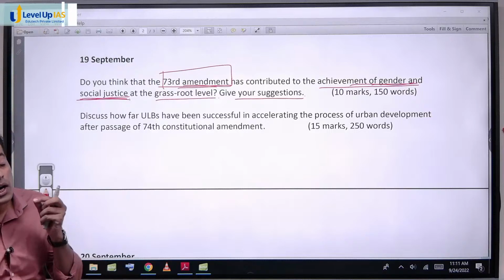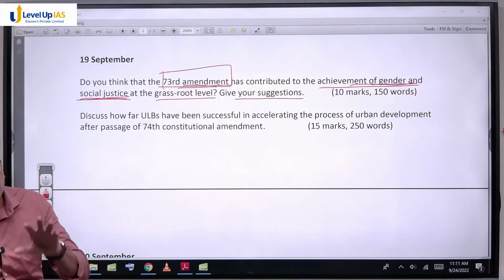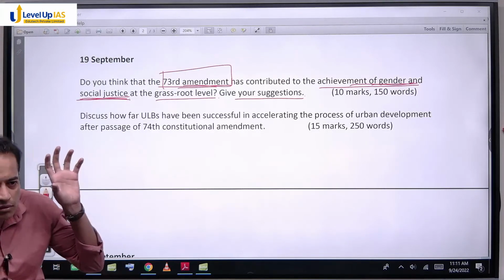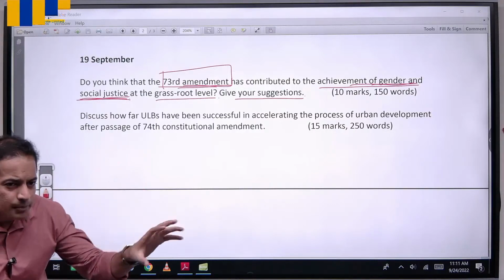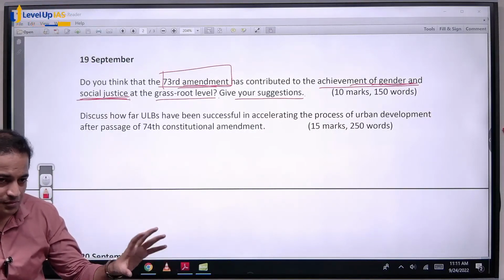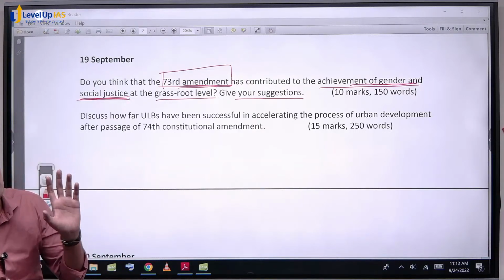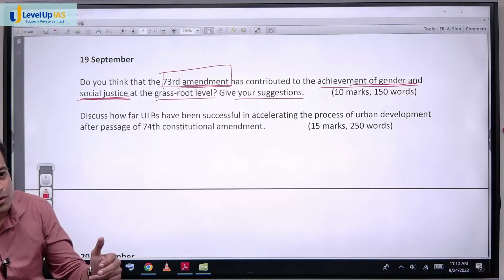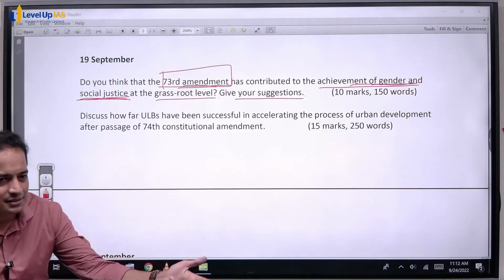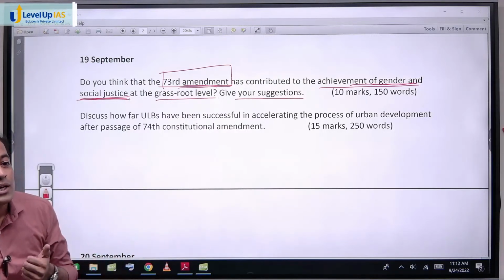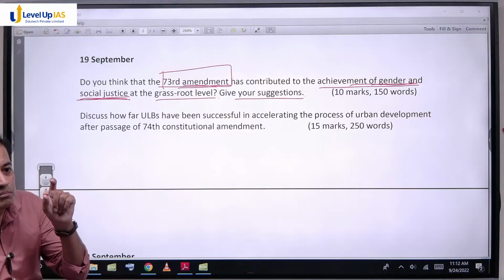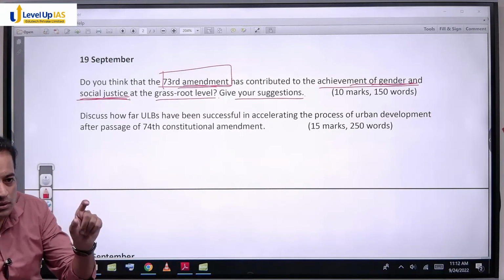So in our villages, deep rooted casteism is there, accepted. So when we give reservation to the SCs and STs, what does that mean? It means they will be in the decision making position.